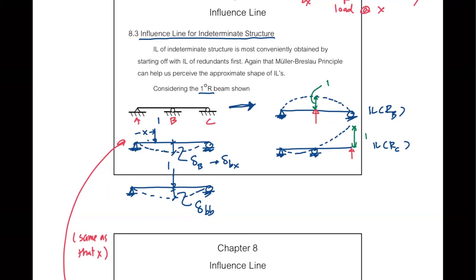And RA, for the sake of completion, let's finish it. You allow RA to move freely, so it's going to be quite similar to what you have for RC.